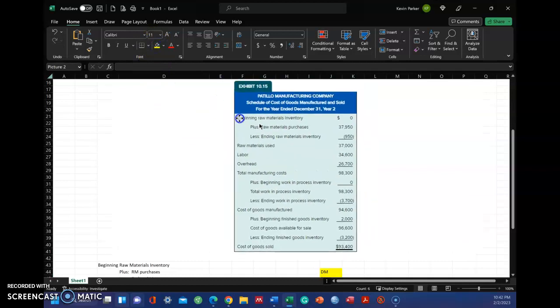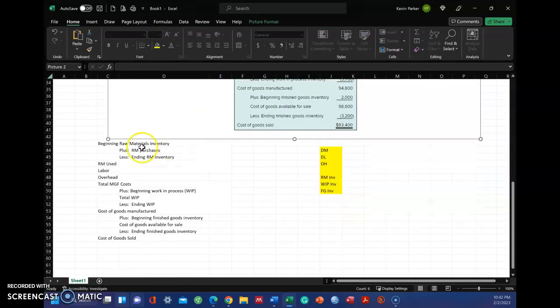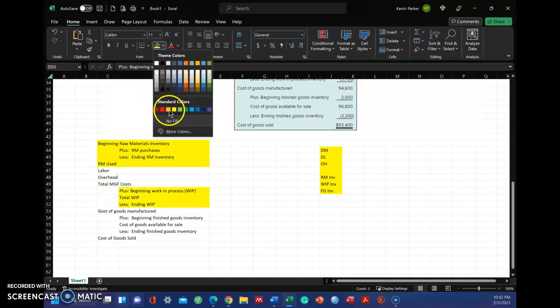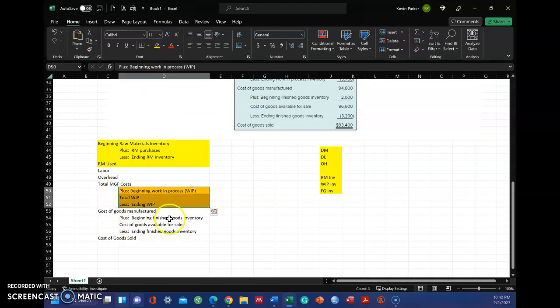Let me see, will it let me write here? No. So I have typed this down here in the Excel. So we got raw materials. Actually, we can put that right there with raw materials used. And then we got work in process, and then we've got finished goods.